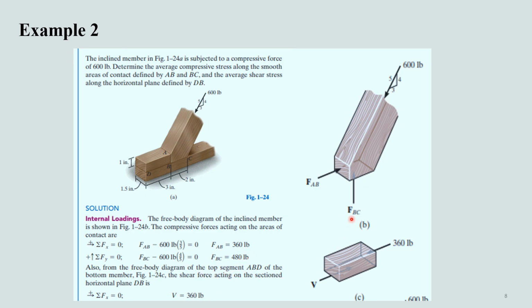The force FBC, since it is a vertical component, has been determined simply by the summation of the vertical forces, and it comes out as 480 pounds. This 360 pounds is again the shear force applied at this location of DB, and thus the shear force at the location of DB is 360 pounds.